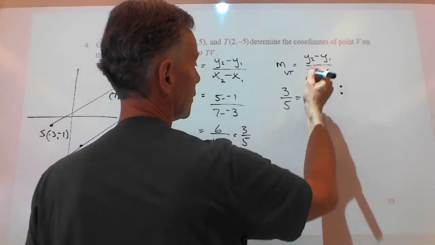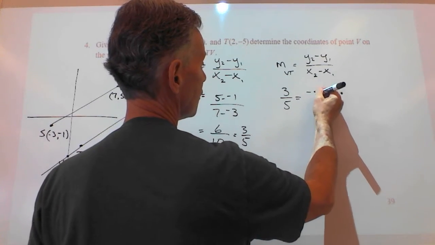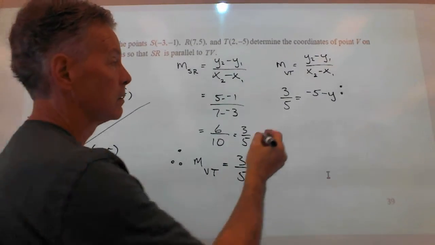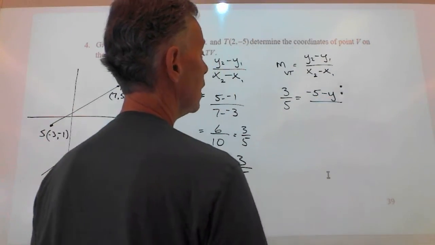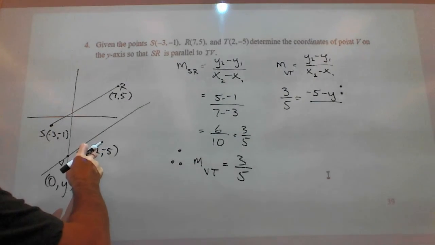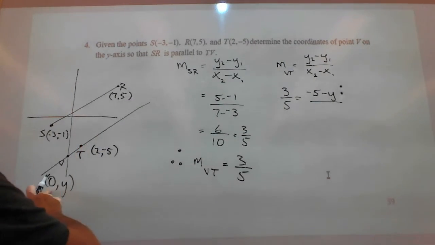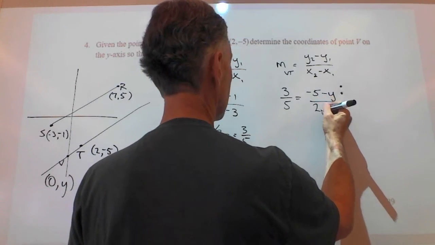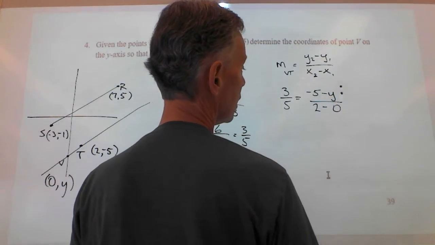So up here we'll go -5 minus y. That's our unknown. For our x values, we've got both of them. So our x values become 2 and 0. So x2 is 2 minus 0.